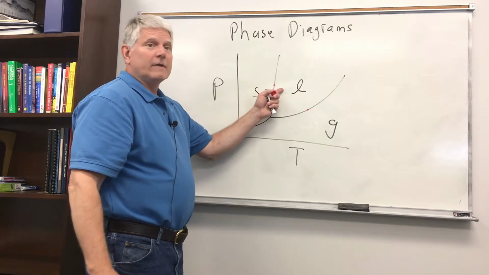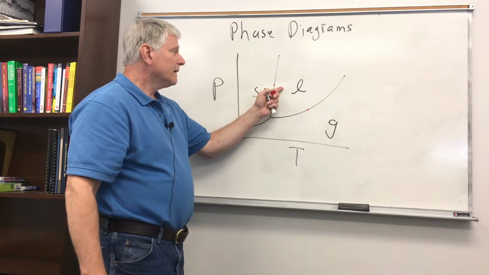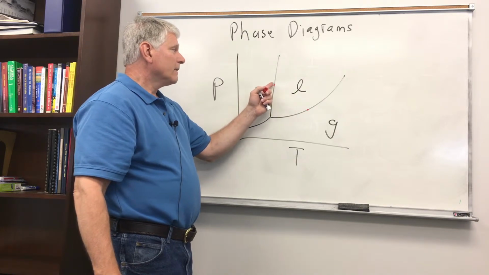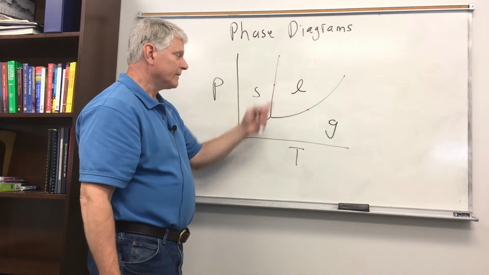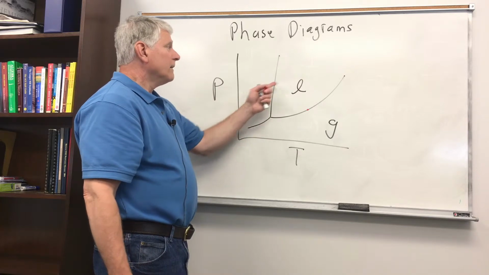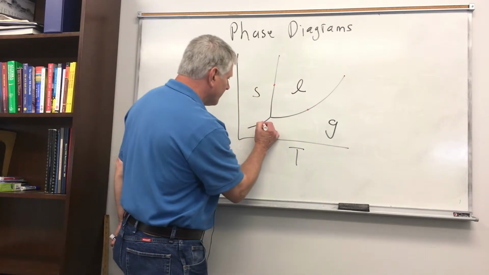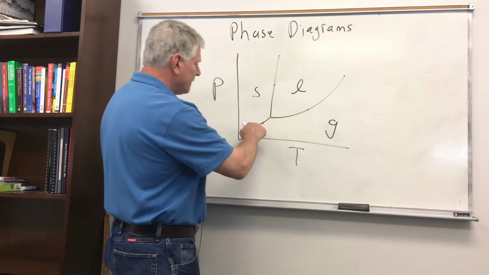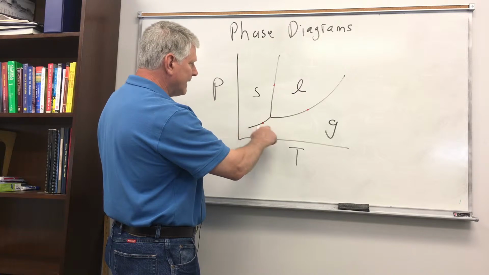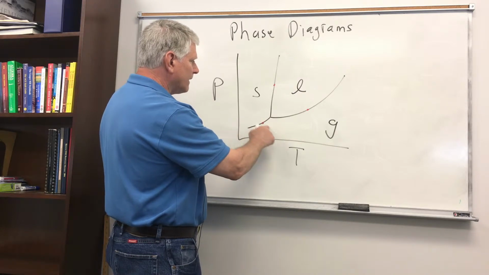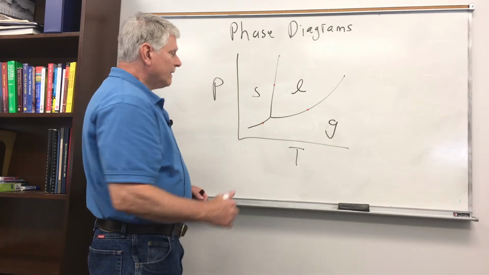So I could have solid and liquid existing simultaneously, and I would have ice floating in liquid water, for example, and the ice wouldn't be melting. If I'm here, at this point, this is going directly from solid to gas. This is sublimation, so I have solid and gas equally stable along the line.